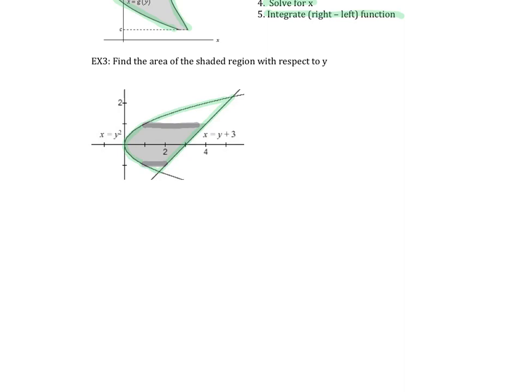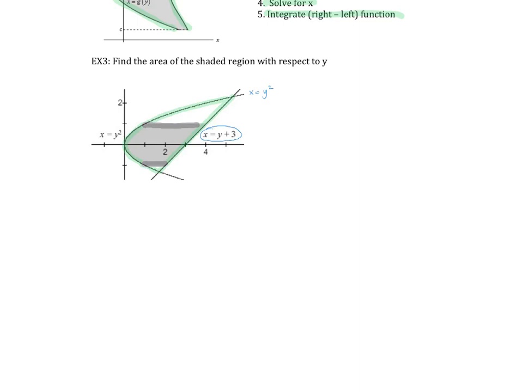When I integrate with respect to y, though, I have to rewrite my equations. So this parabola here that's opening to the right, this is the equation x equal to y squared. And this line is x equal to y plus 3. So this is already solved for x.